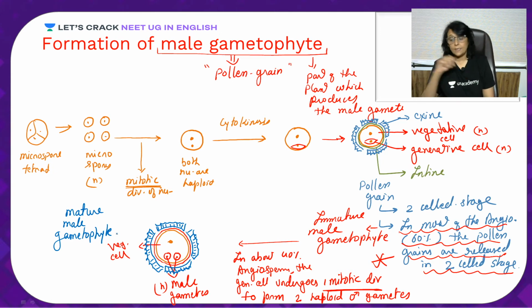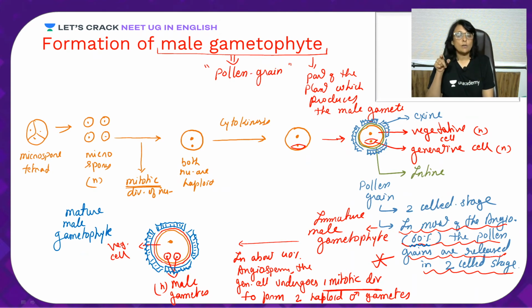What happens in the majority of them, that is 60% of the angiosperms? In 60% of angiosperms, pollen grain germinates when it reaches the stigma, and that is when the generative cell divides. So when it reaches the stigma and the generative cell divides, that is when we call it a mature male gametophyte.